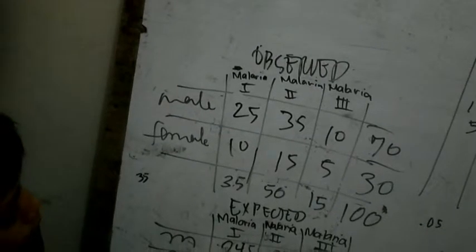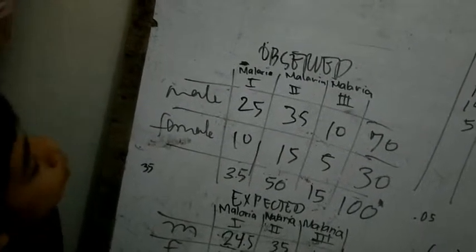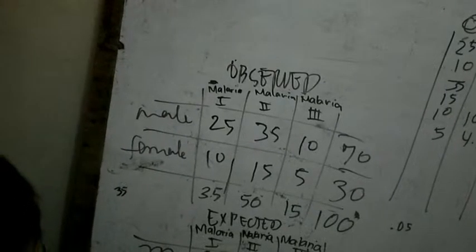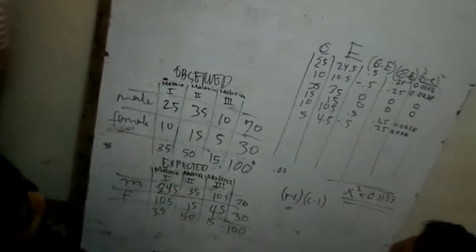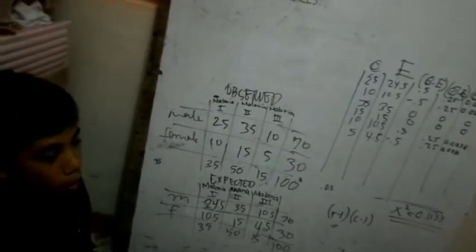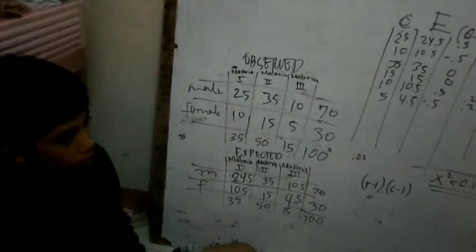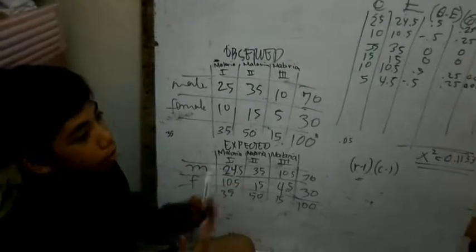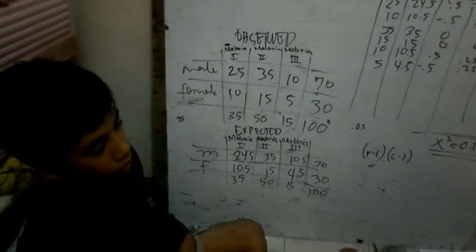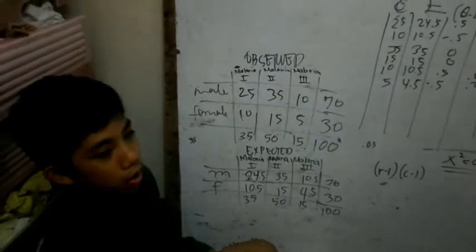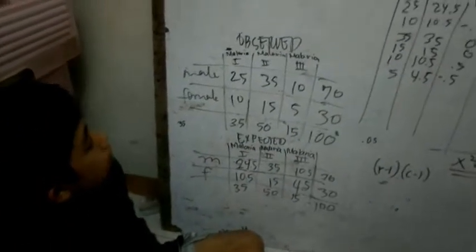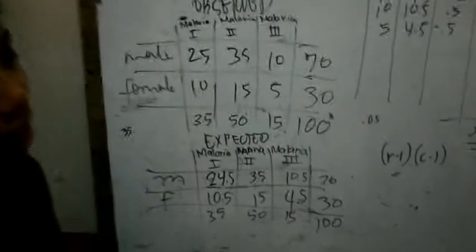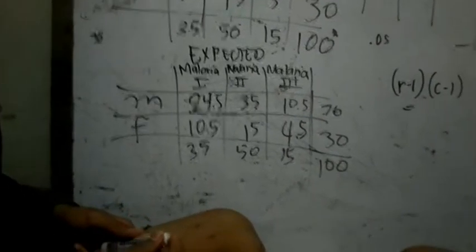So this is how to do this test. First, this is the data, the observed data. The observed data is the data you have gathered from interviewing the respondents, while the expected data is the data that is expected.